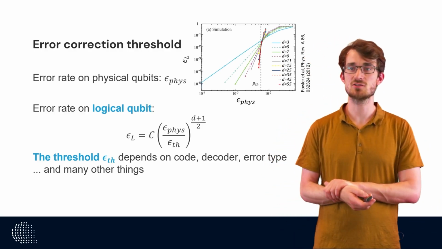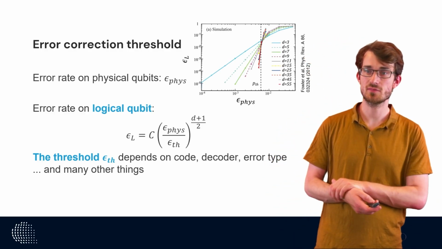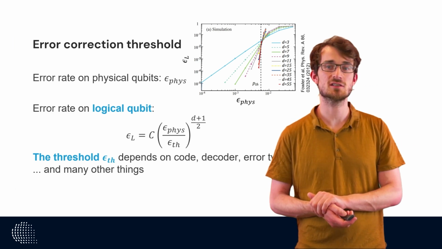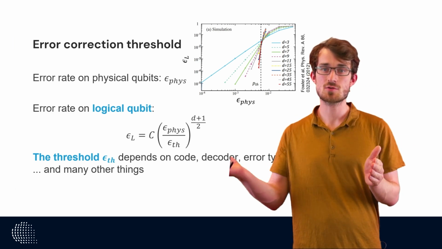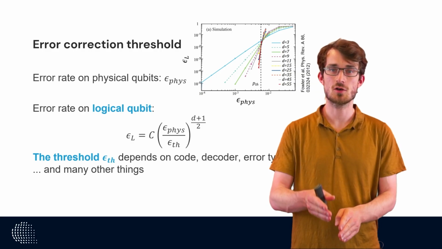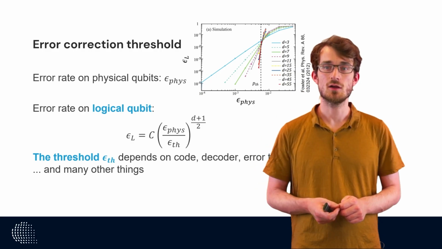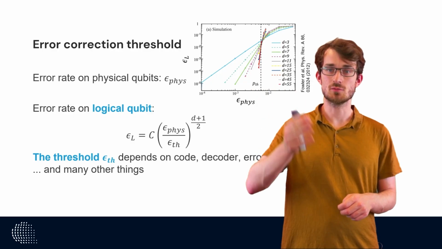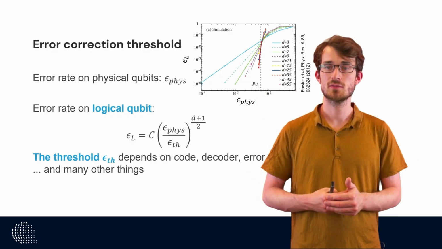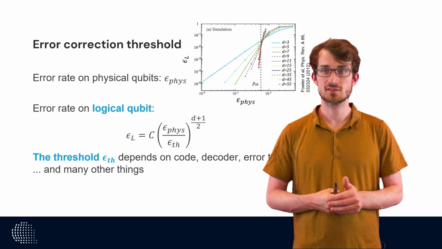A plot of that is shown in this figure, which I've taken from the reference you see on the side. On the x-axis we have our physical error rate, on the y-axis we have the logical error rate, and each line here is a simulation of what's called a surface code for different distances.